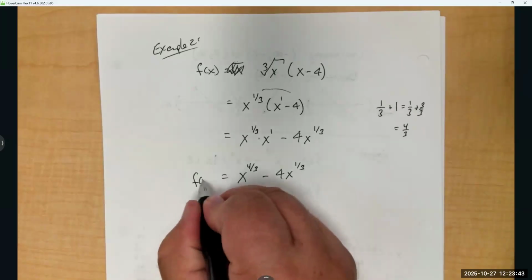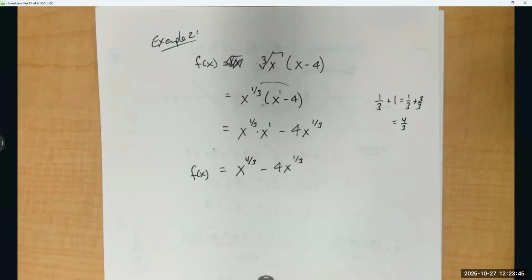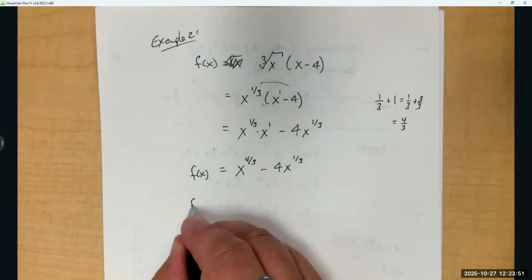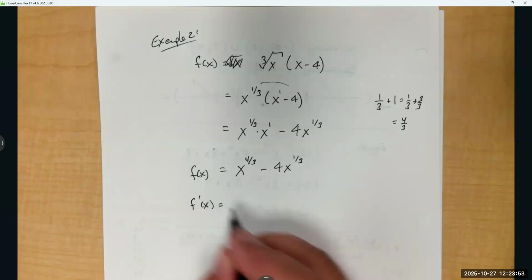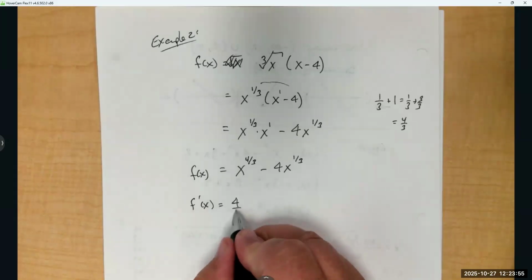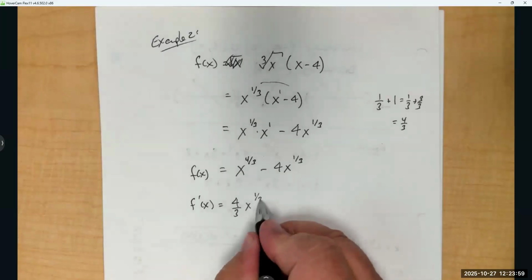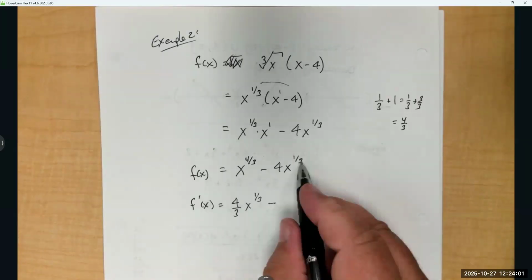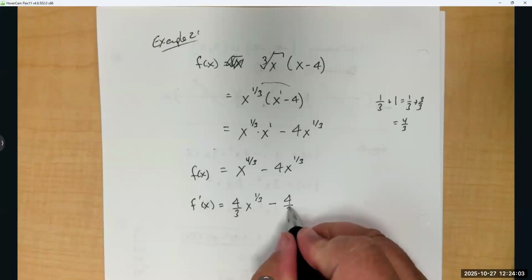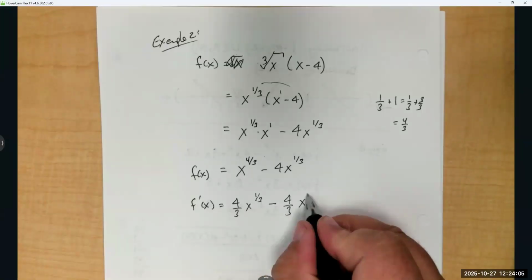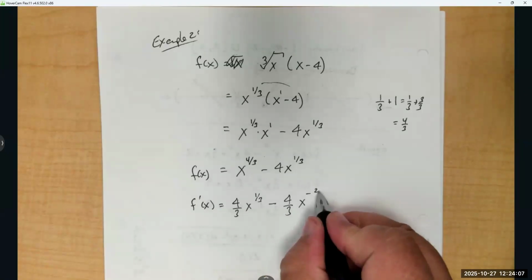We have to first set it up so it's easily differentiable. So then we find the derivative. 4/3 x to the power 1/3, minus 4/3 x to the power negative 2/3.